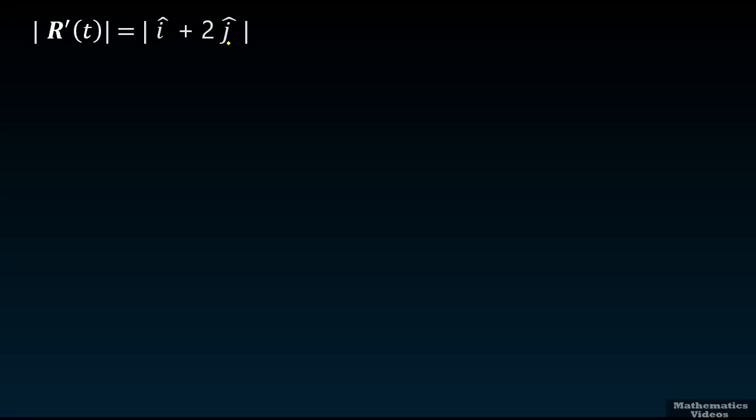Now we will use the definition of the magnitude. We know that if the given vector is a i unit vector plus b j unit vector plus c k unit vector, then the magnitude of this vector is equal to the square root of the sum of the squares of the components, that is a square plus b square plus c square.